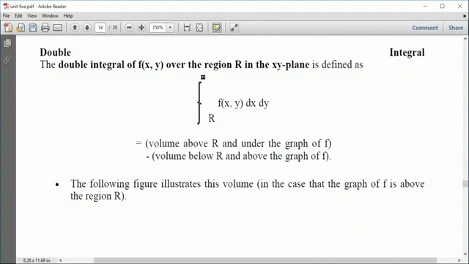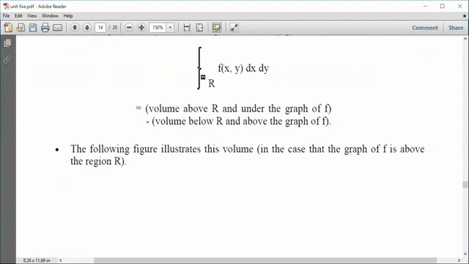The double integral. Now, one thing you have to know is that a single integral is an area. So I think you'll find no problem in understanding that a double integral is a volume. So if you're asked to calculate the volume, probably you have to use a double integral.